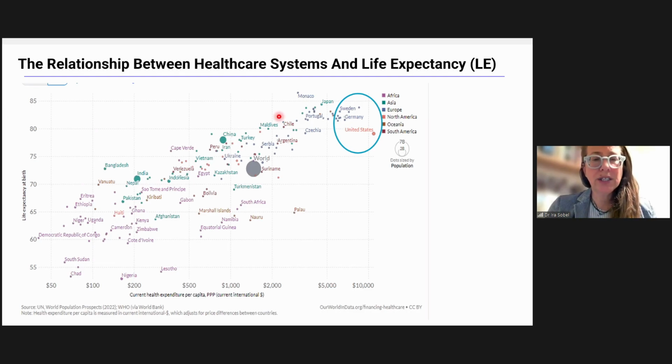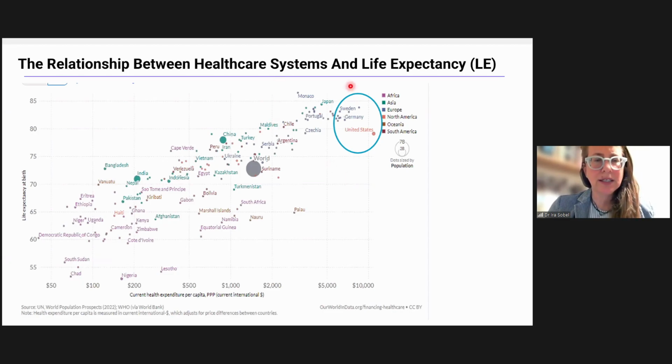Globally, countries that invest more in healthcare often see a corresponding increase in life expectancy. This makes intuitive sense. Look at this graph. More resources often mean better facilities, more healthcare workers, and better access to essential treatments and preventive measures. The result is higher life expectancy.